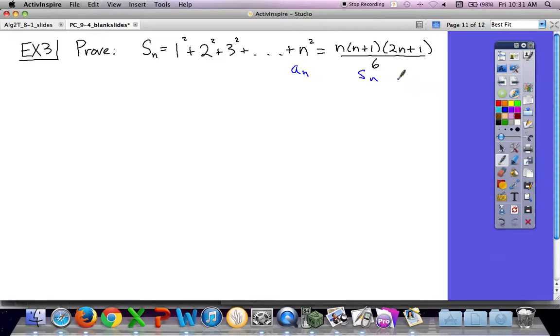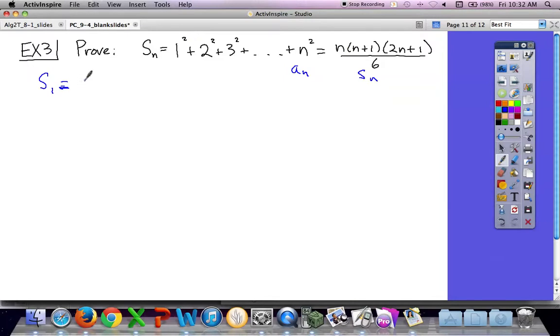What's the first step? Prove it works for n equals 1. So if I plug n equals 1 into this formula right here, I should get 1 squared, which is 1.